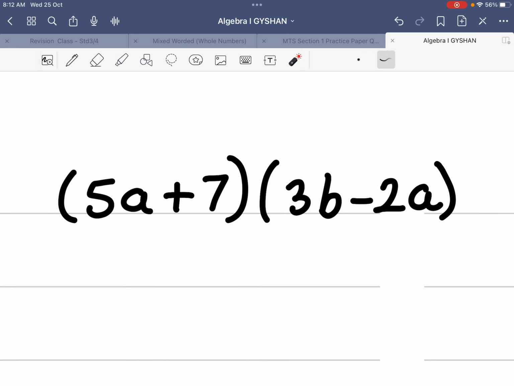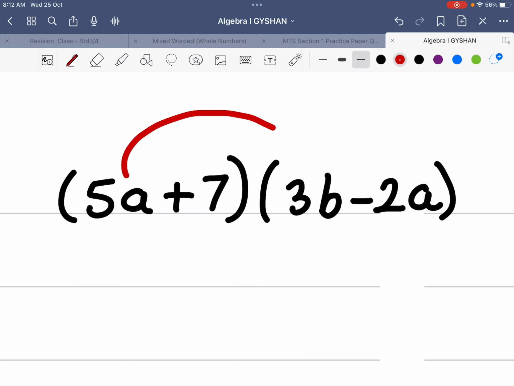So what we will do is we will multiply the first term in the first bracket by the first term, by the second term, by the first term, and the second term by the second term. So we will color code this to make it easier to follow.